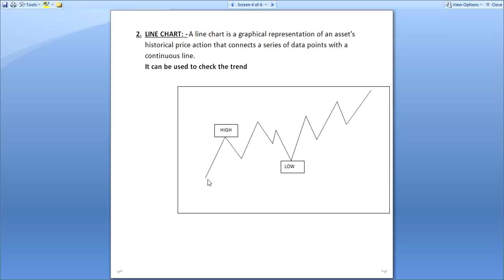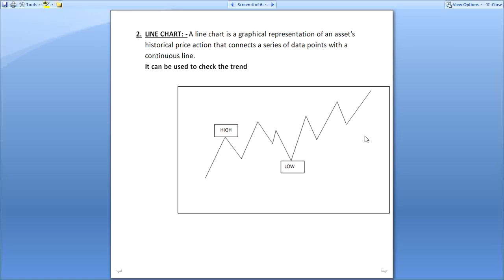Suppose it started from there going down, it shows the downtrend. Then it goes down and makes a low. From the low it goes up and makes a high, then slightly goes down and makes a low, then again goes up and makes a high, and then down and going up and up. That's an uptrend.